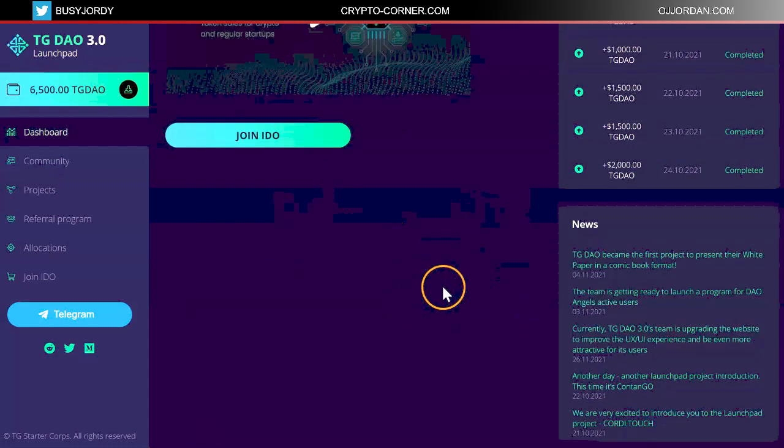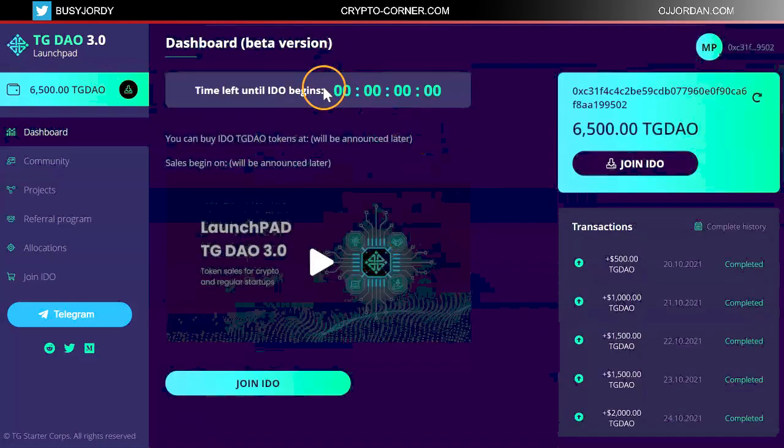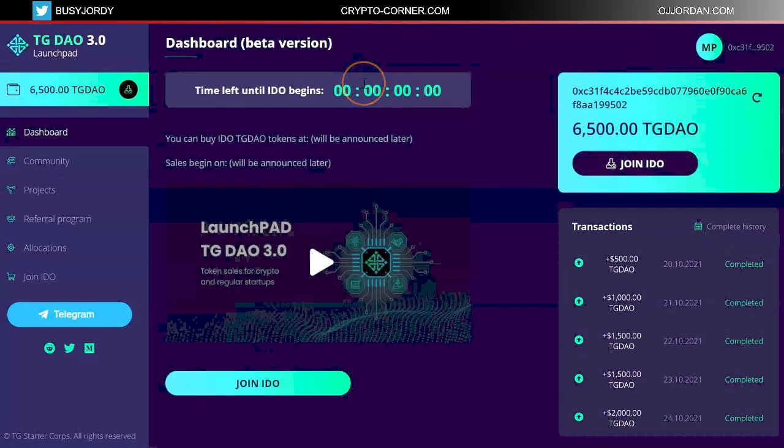Also in this area there will be widgets for charts, allocations, reputation. They will be posting specific dates here of upcoming sales, and they will start this counter when they receive the accurate data from the partners for whom they are going to be conducting an IDO. So next IDO, this counter will actually be counting down the time until the next IDO begins.